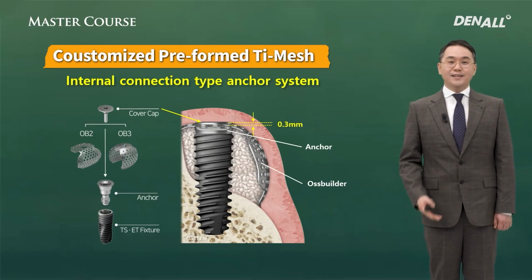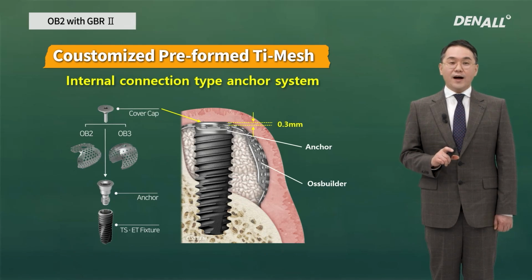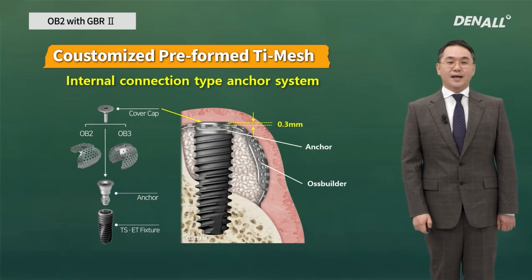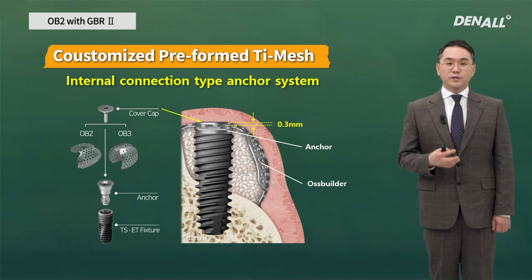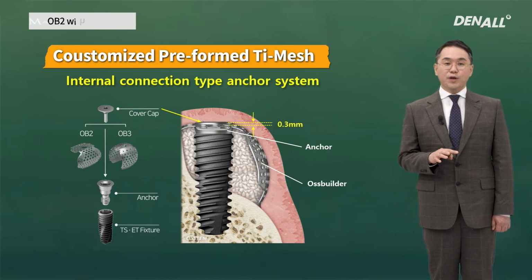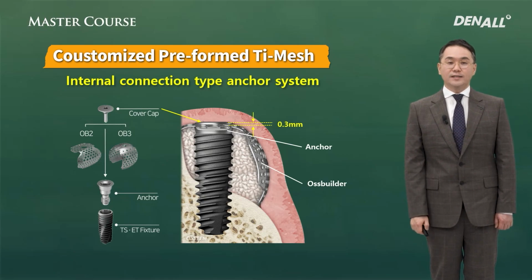In the 2 cases that I've mentioned, I'm sure some of you have already noticed, but the anchor was external connection type. There was a protruding area in the anchor. You position the connection hole, which is in the middle of the Ossbuilder, and on top of it, you would fixate using a healing or cover cap.